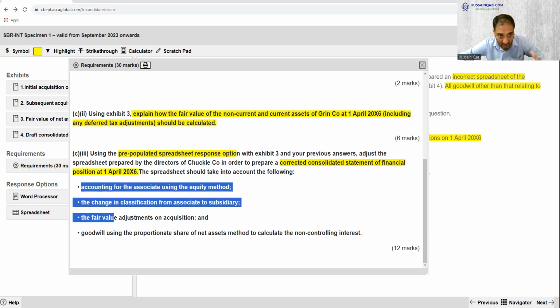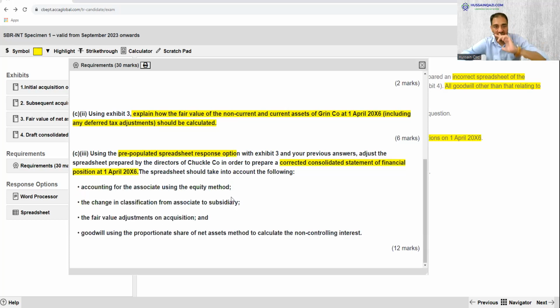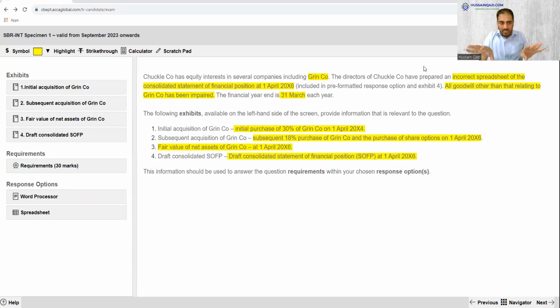Take into account these 4 points: associate accounting, change in classification from associate to subsidiary, fair value adjustment, and goodwill by proportionate method. That's a point. So before entering the main context, by reading these 2 things, we have developed a basic mindset: the question is about associate, step acquisition, subsidiary, balance sheet, all these things.